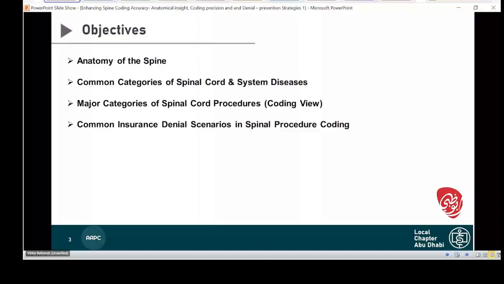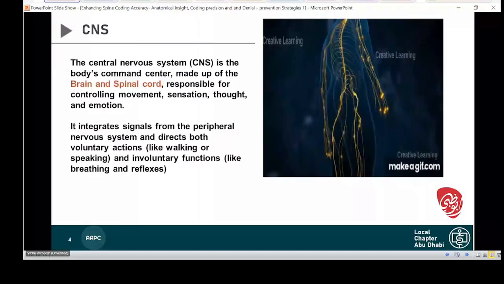Okay, first of all, let me start with CNS. So what is CNS? Basically, the nervous system of the human body is classified into two, CNS and PNS, that means the central nervous system and the peripheral nervous system.